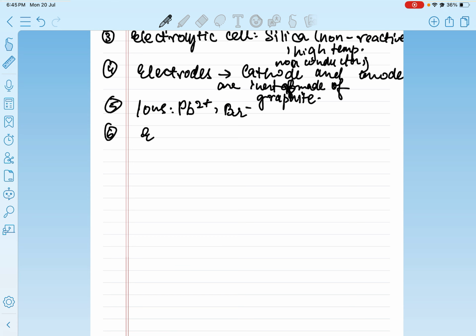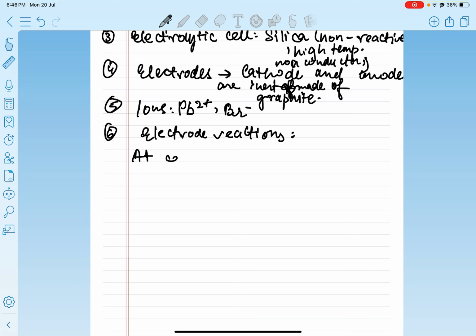Then the electrode reactions; let's discuss them separately. When current is passed through the molten lead bromide, the lead ions and Br- ions, held by electrostatic force of attraction, are freed. The electric current breaks this attraction, and we get Pb2+ and Br-. Now Pb2+ will definitely go to the cathode.